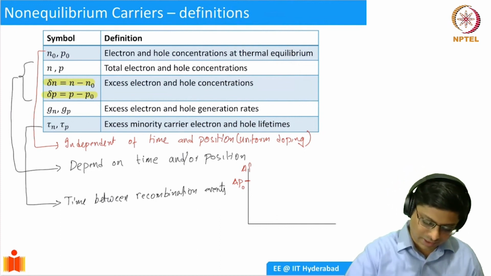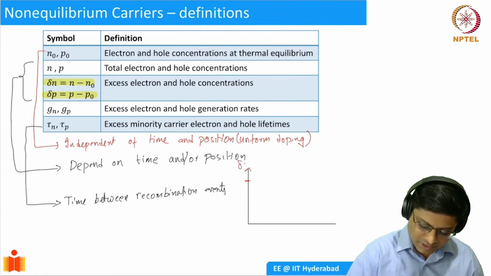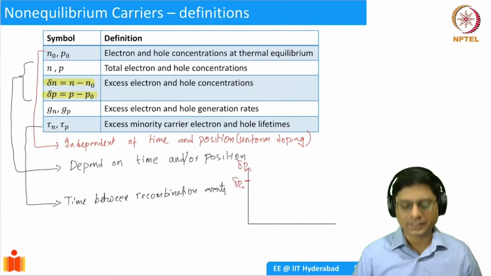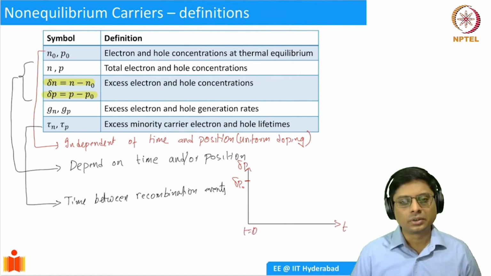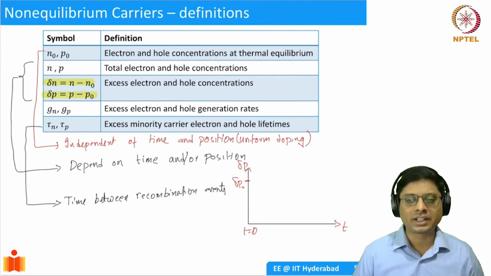To maintain convention, let me take it as small delta. So this is your delta P and this is delta P naught, created at time t equal to 0, and this axis is time t.